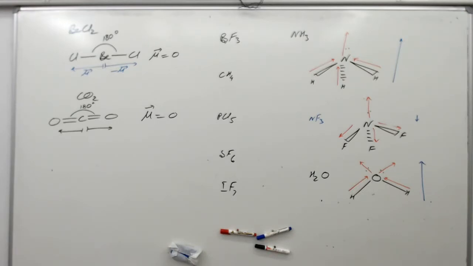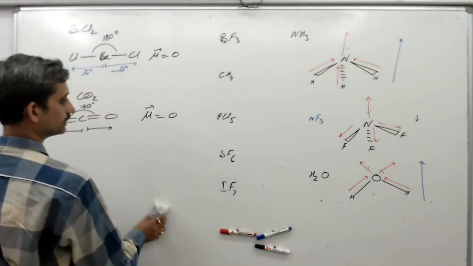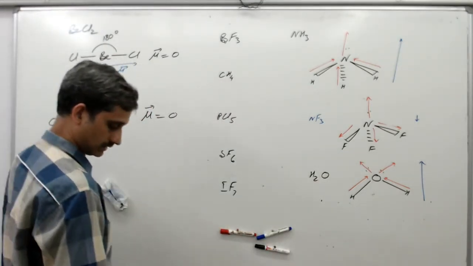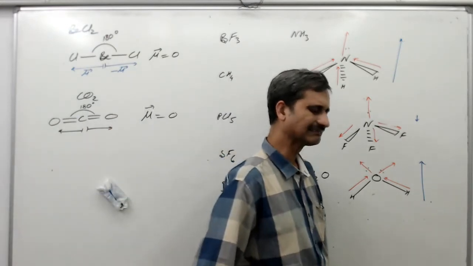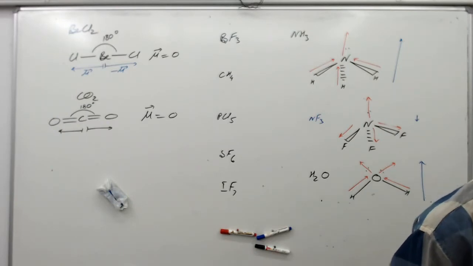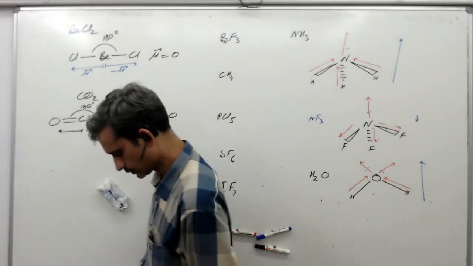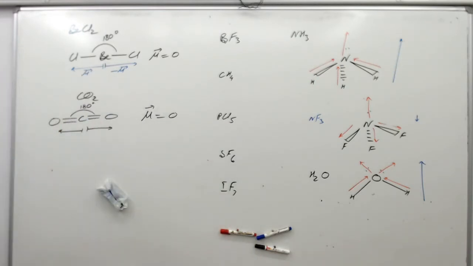Okay. Now, Rohan, just do a little thing. You have many examples of molecules with you. Could you tell me which of these molecules are polar and which are non-polar?